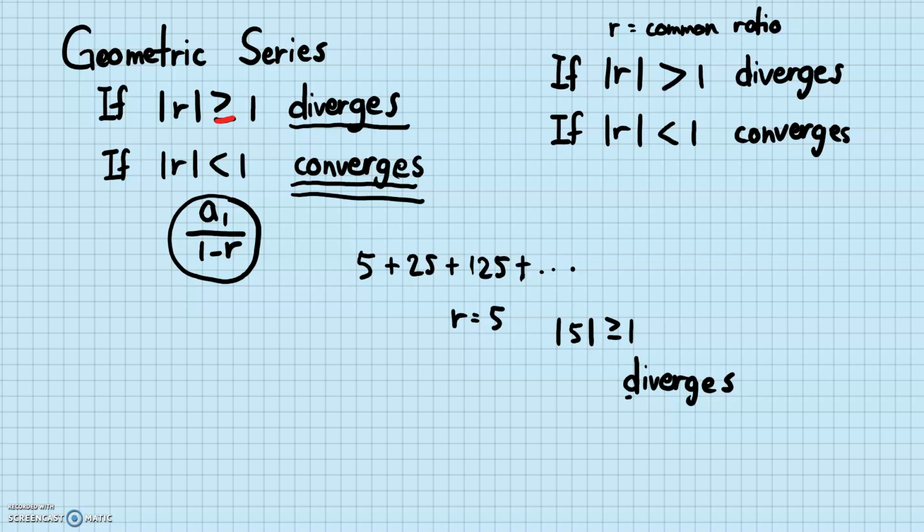As soon as we know that it diverges, we know that it is going to have no finite answer, because by the definition of diverging, it just keeps getting bigger and bigger and bigger. So this series doesn't have a finite sum. Okay, so the only time a geometric series has a finite sum is if it converges. And if it converges, you can find that sum by using this formula.